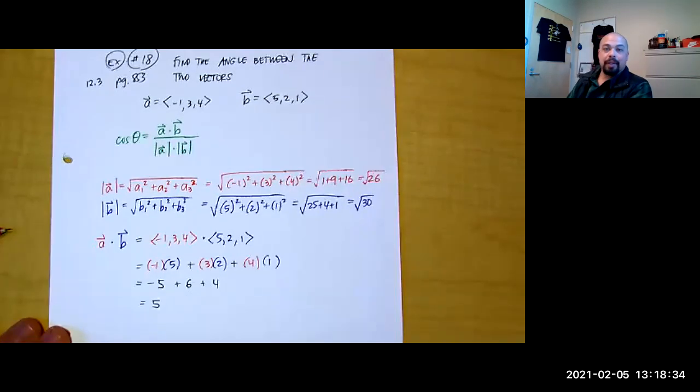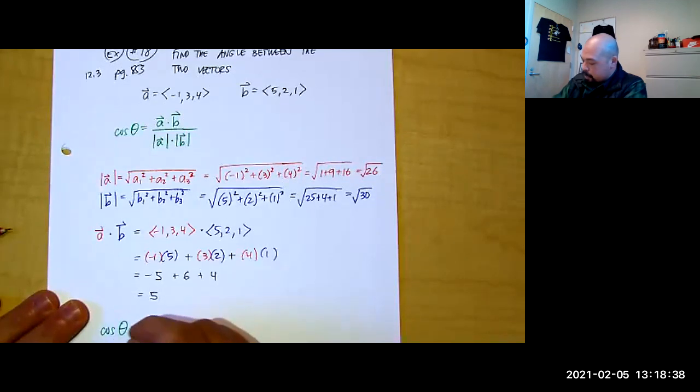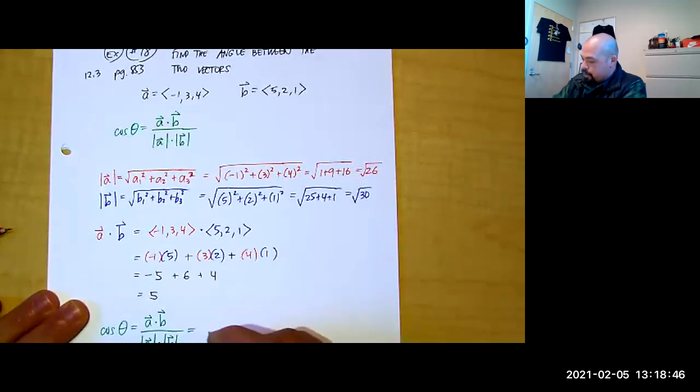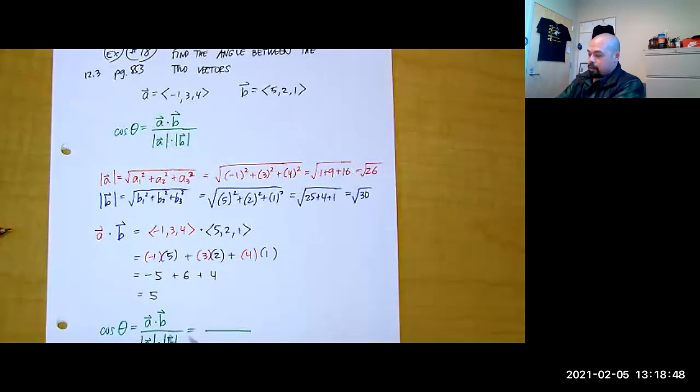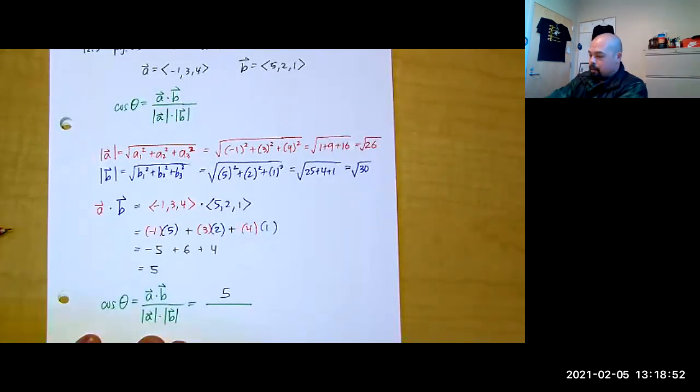All right, so putting this together then, so for my cosine of that angle between them, A dotted with B divided by the product of their magnitudes, dot product we did up here, +5. Magnitude of vector A, root 26.